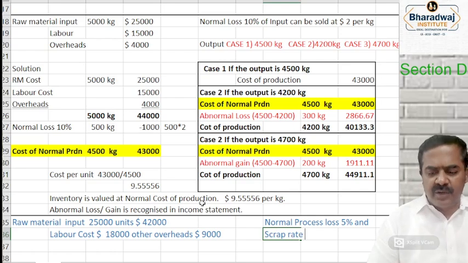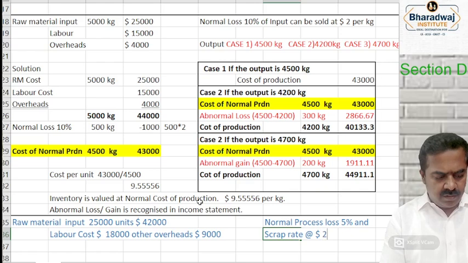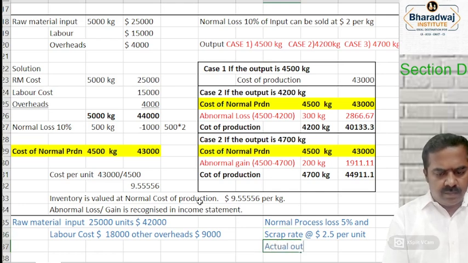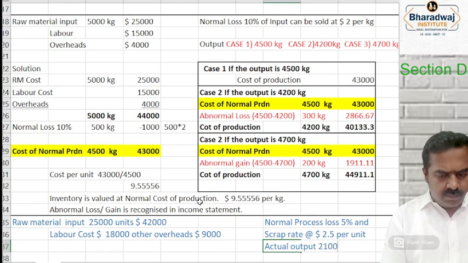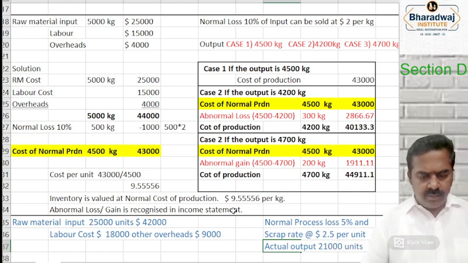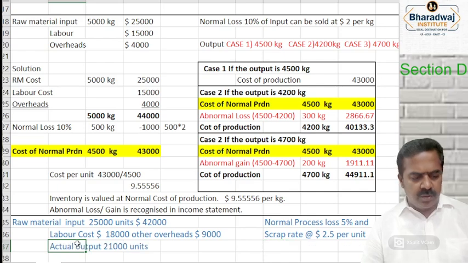Scrap rate means the defective units can be sold at the rate of dollars per unit. Actual output is 21,000 units.